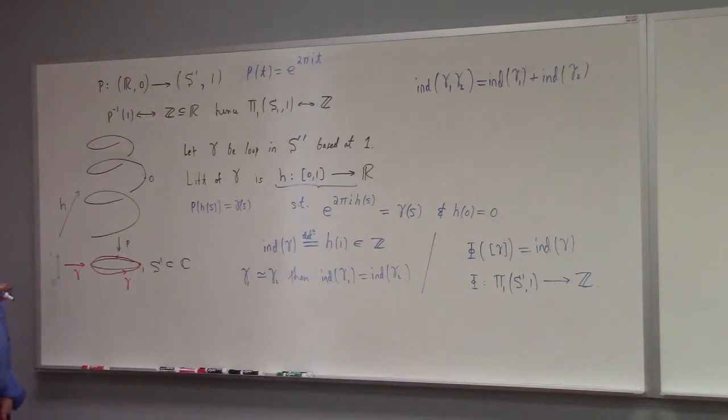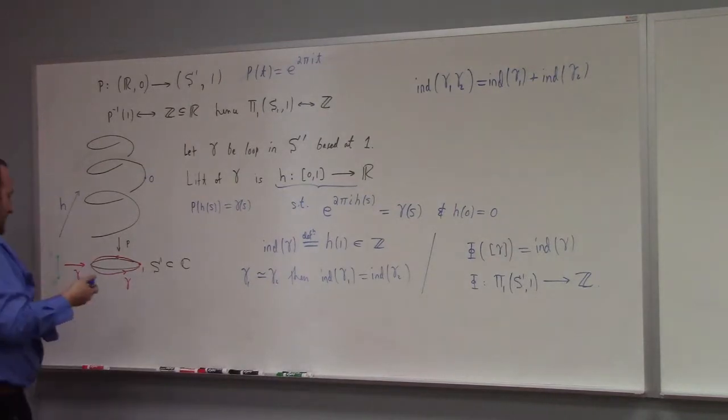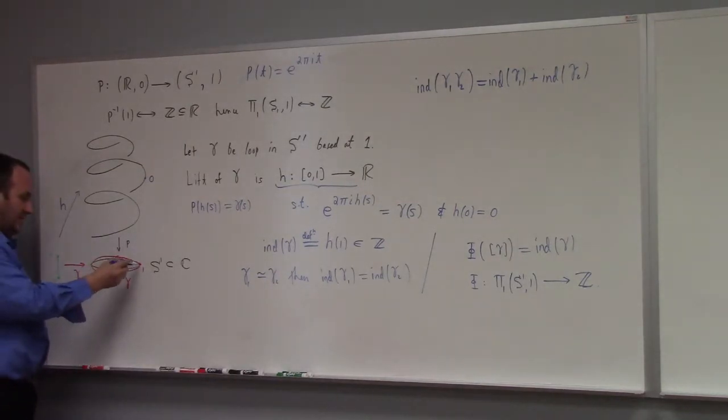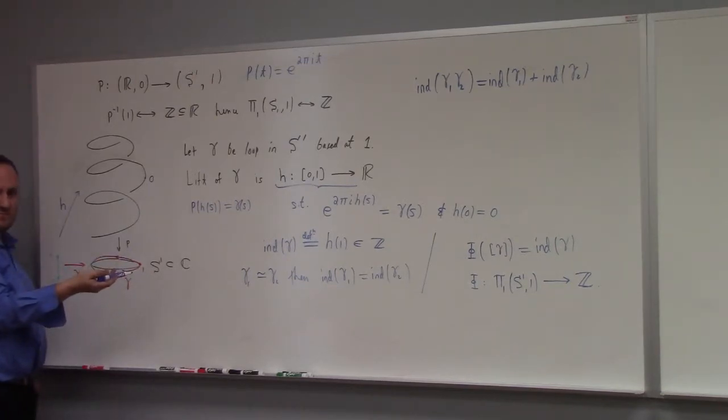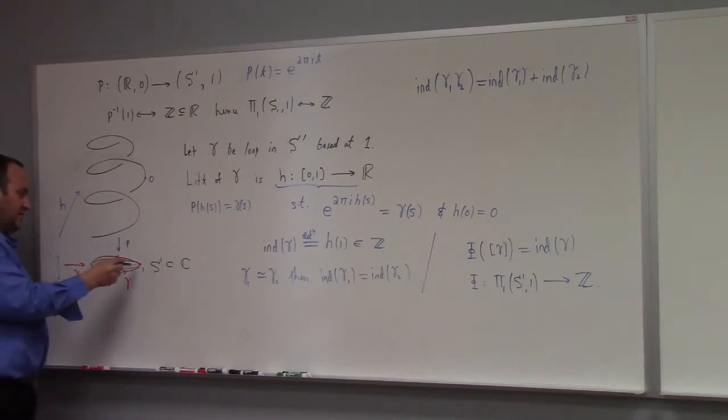What the index here is, right, is the winding number. It's the number of times the loop encircles the circle. How can we see that? Suppose that gamma goes once around the circle.